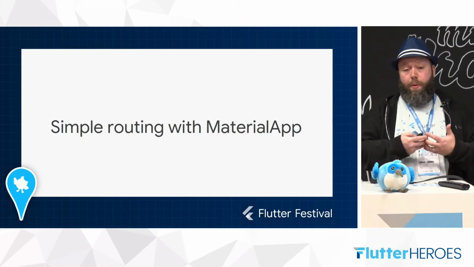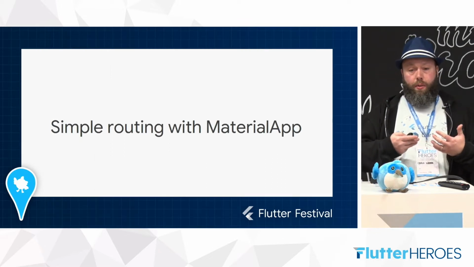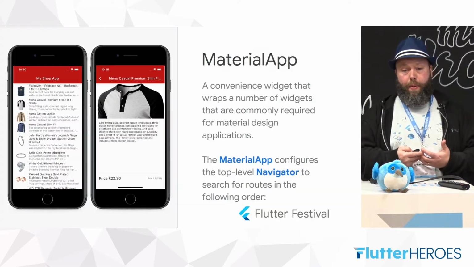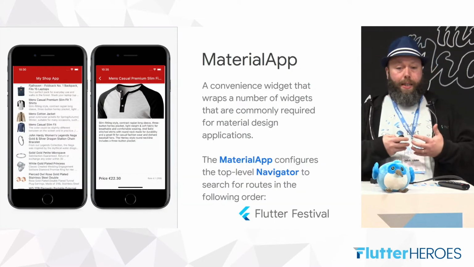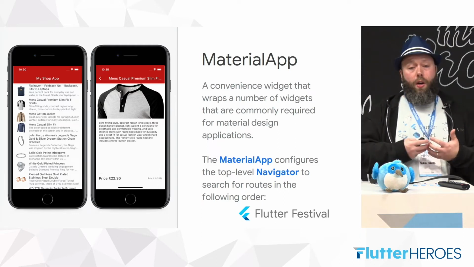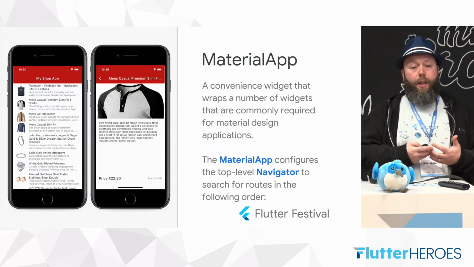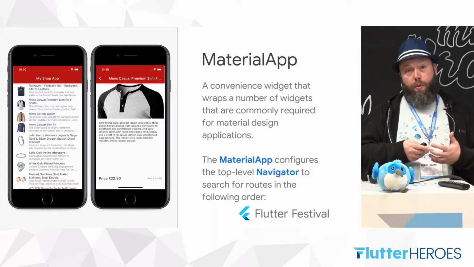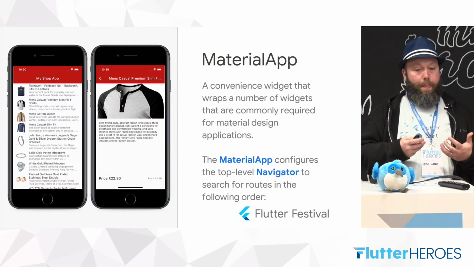The simplest way to start routing is with a MaterialApp. MaterialApp is basically a convenience widget that includes a lot of information we need for what we call a material application.